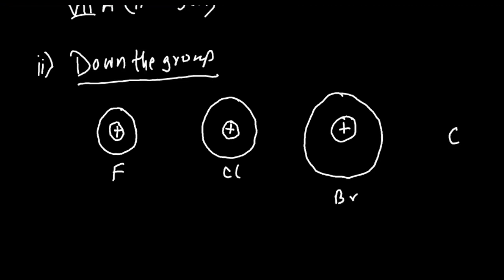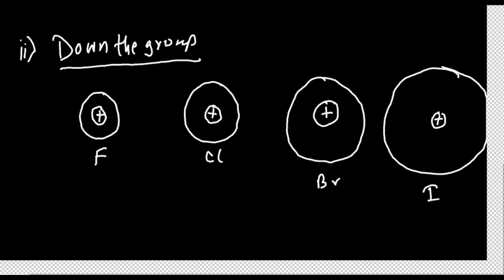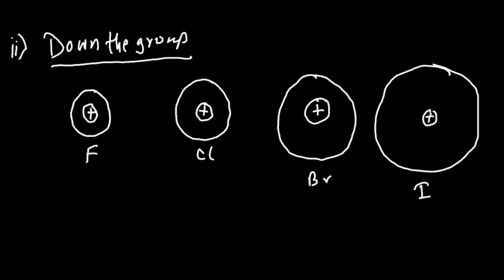And lastly, suppose this is iodine. So if you look at their sizes, what I'm trying to explain here is that the attraction between the nucleus and the outermost electrons will decrease as the distance between the nucleus and the outermost electron is increasing.